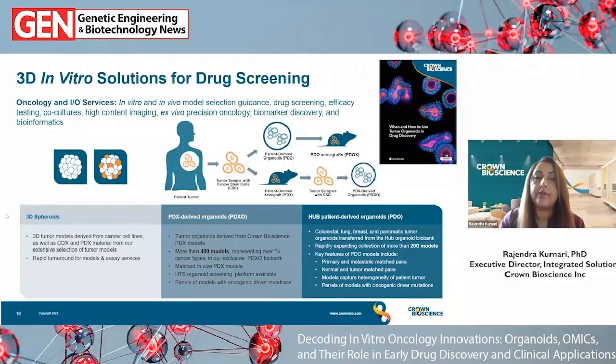So we currently have quite a large collection of over 400 models that are available in our database, which are the PDXOs, and over 200 models that are PDOs. And like I said, there are matched models for the downstream in vivo, as well as normal matched organoids for some of the tissue that are shown here.